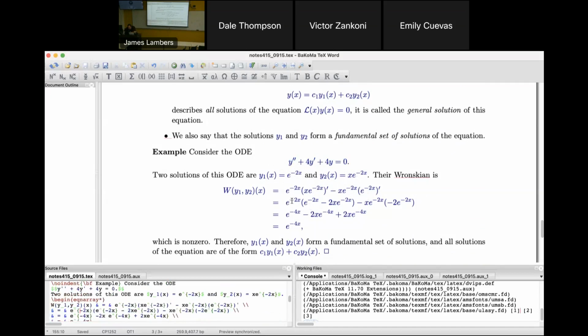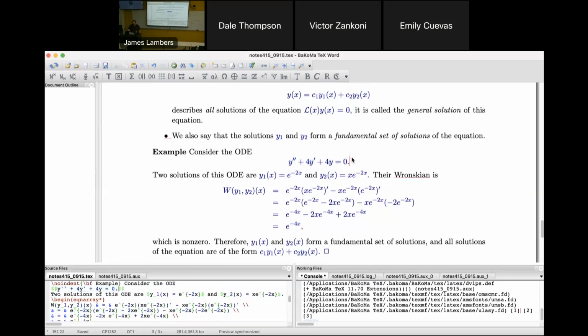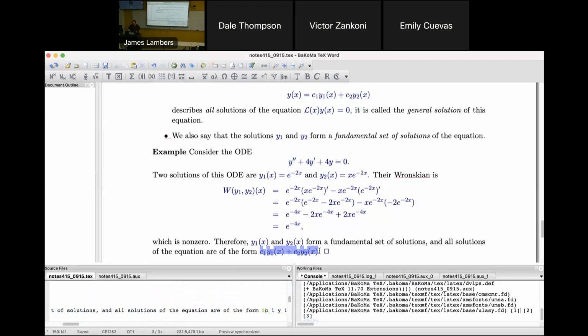We work all that out using the product rule in this case, and this is what you end up with: e to the minus 4x. But as an exponential, it's never 0. So that tells us that y1 and y2 are fundamental solutions by the previous theorem, that you can express all solutions of this ODE in this form.